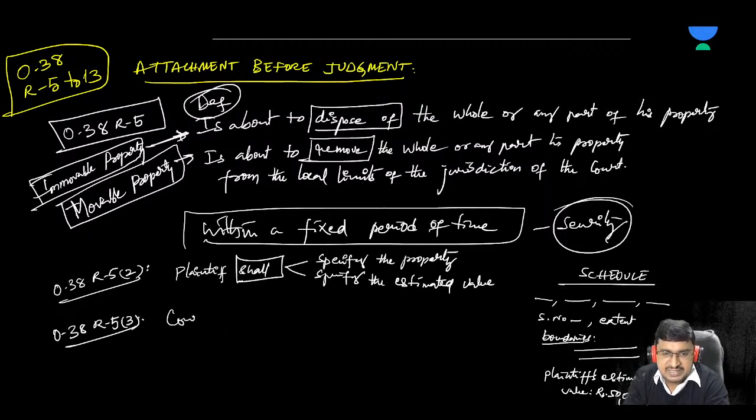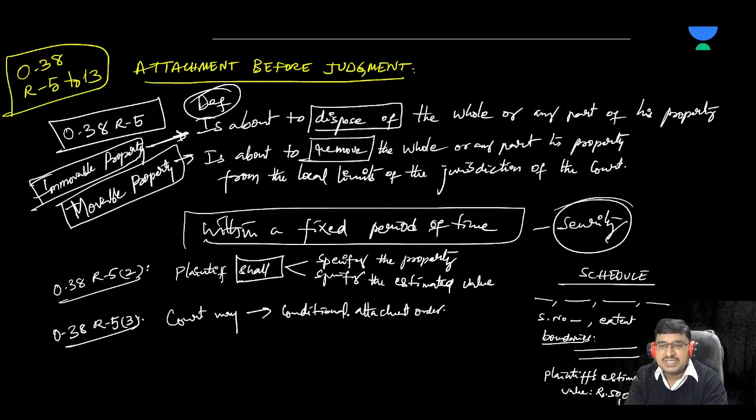Therefore, the court may pass a conditional attachment order. Here the condition is that he has to either produce the surety. If he fails to produce the surety, the court may conditionally attach such property.